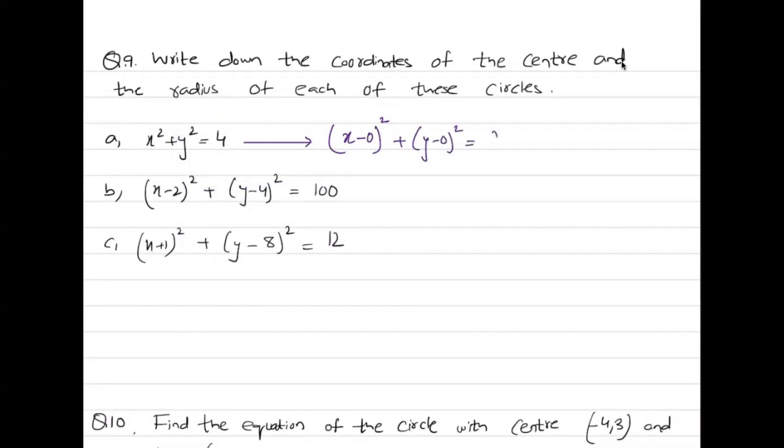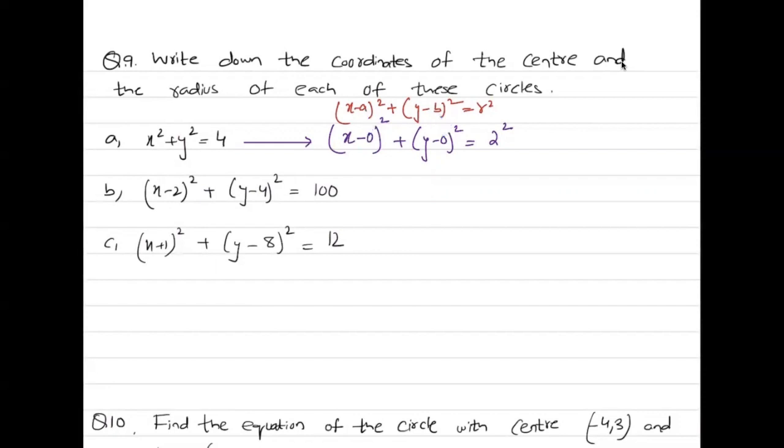So if you compare it with the general form of the equation of the circle, that was x minus a the whole thing square plus y minus b the whole thing square equals r square. What is the value of a over here? 0. What is the value of b? 0.